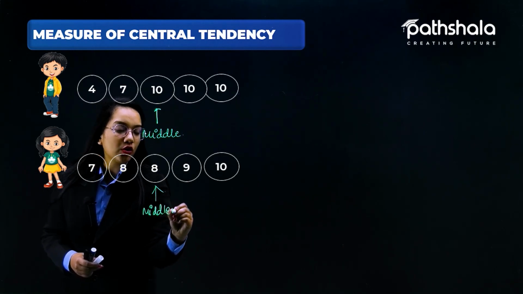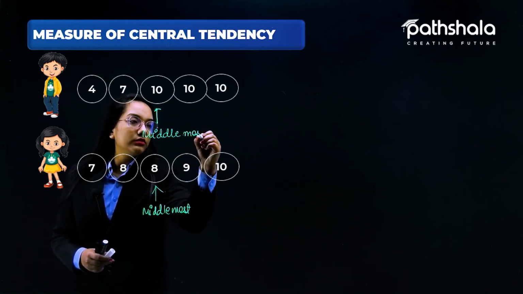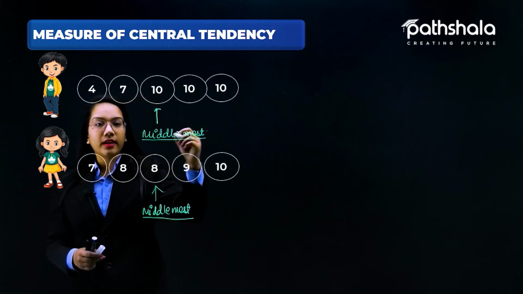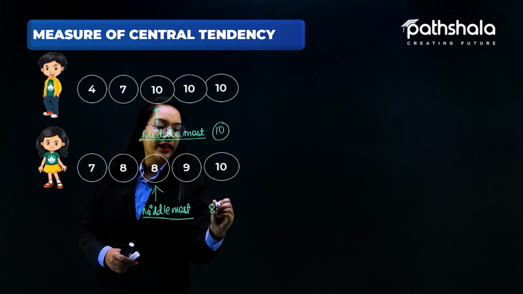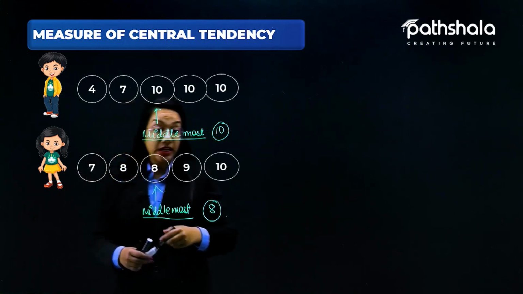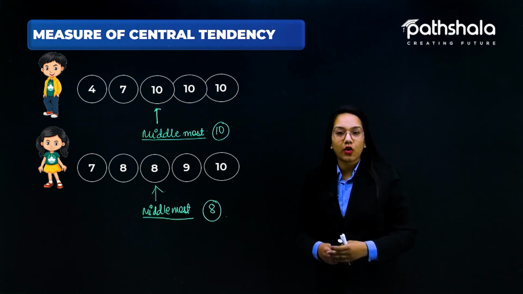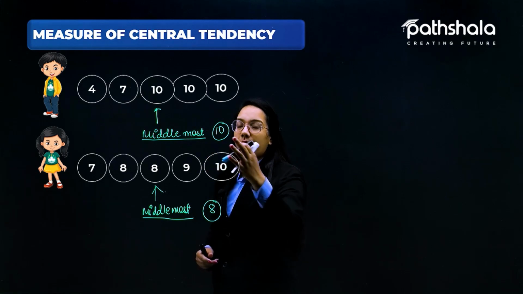This showed again that Harry performed better than Mary, because Mary's score is 8 and Harry's score is 10.